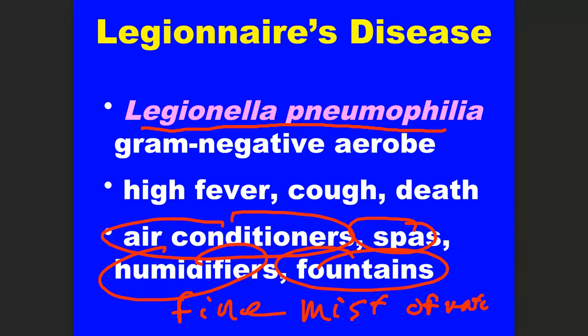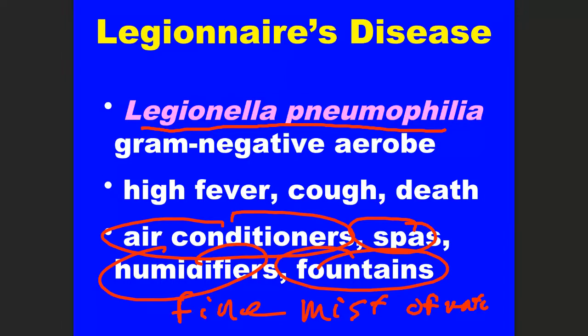Not to scare you or anything, but there have been cases of people getting Legionnaire's disease just by going to the grocery store. If you go to the place where the lettuce and the broccoli, the produce, is at, you might remember that they spray out a mist of water to keep the vegetables nice and crisp and stiff.